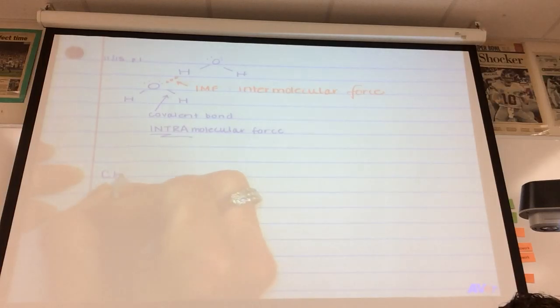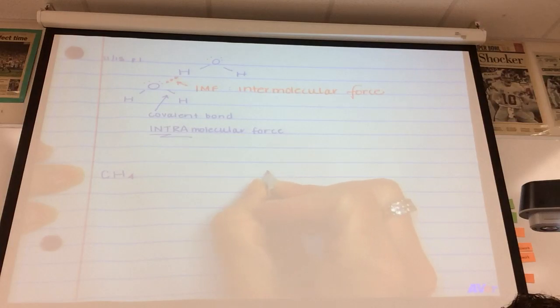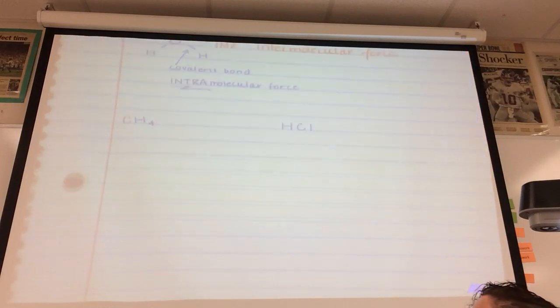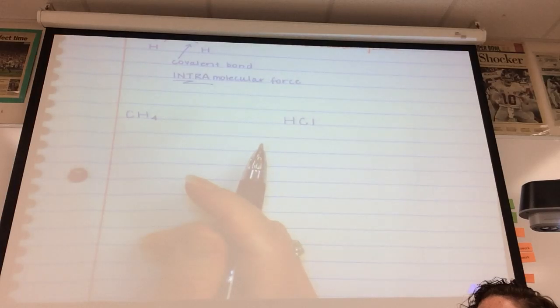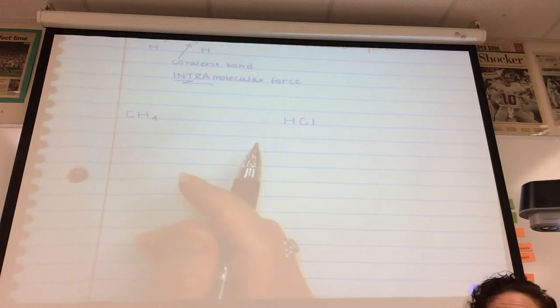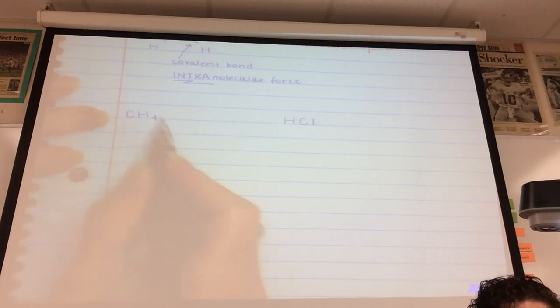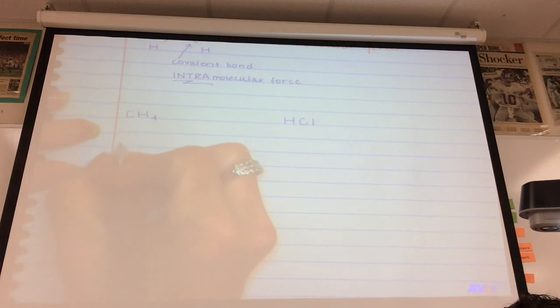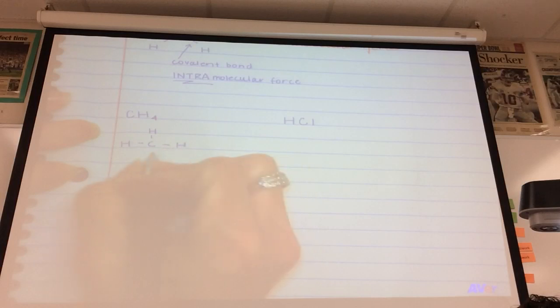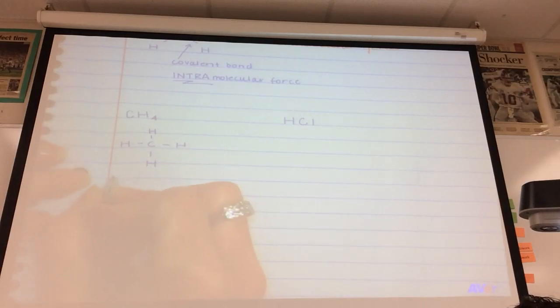Which of the following is nonpolar covalent? The carbon tetrahydride, which actually has a special organic name known as methane. This is nonpolar covalent. All the bonds are nonpolar, so this is a nonpolar covalent compound.